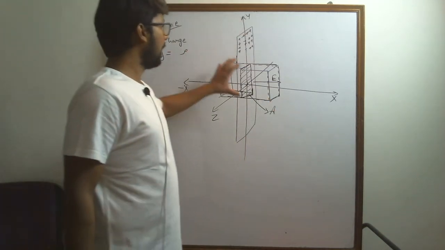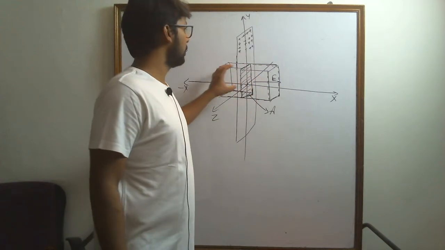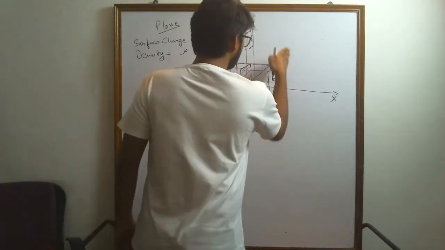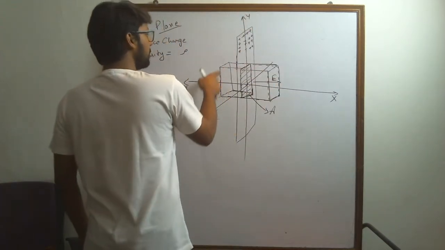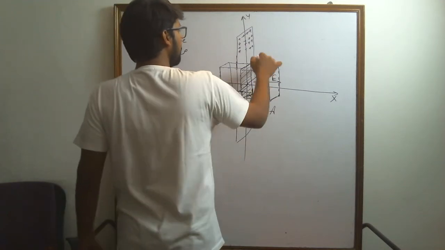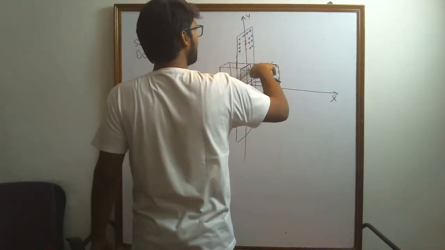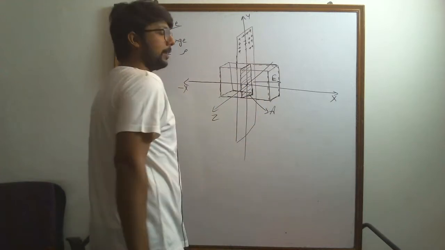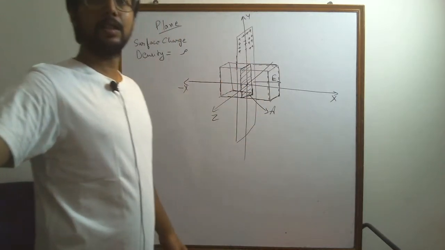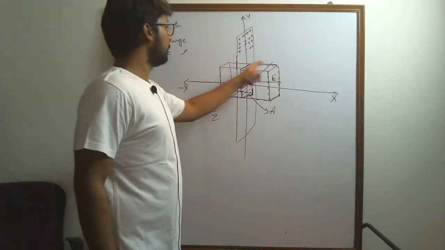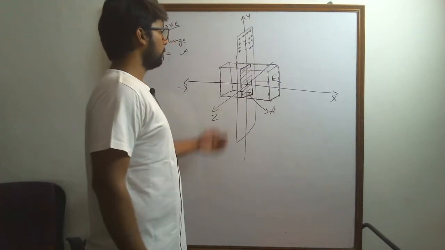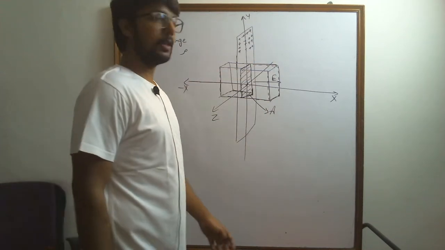Okay, so now all the flux is going to move only through this area as well as the backside area, because there is no electric field in this axis. Therefore there will be no flux going from up or bottom, or from any of the sides.